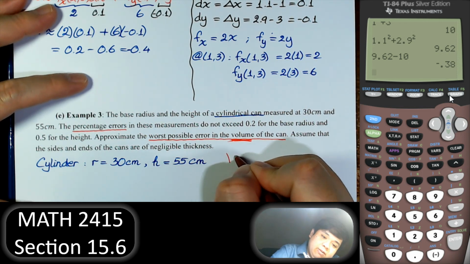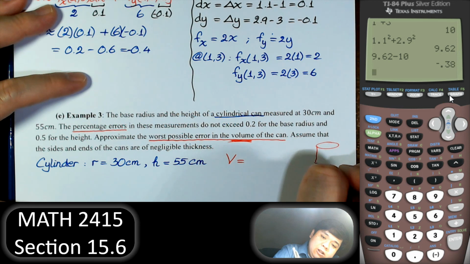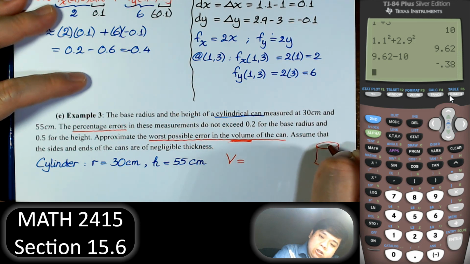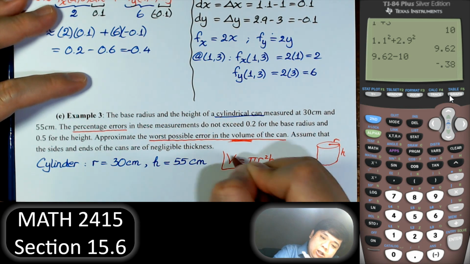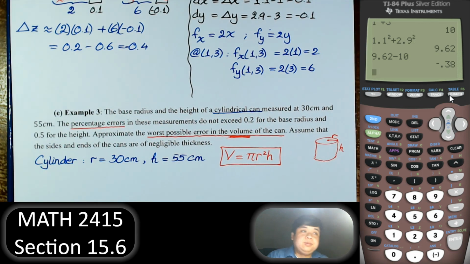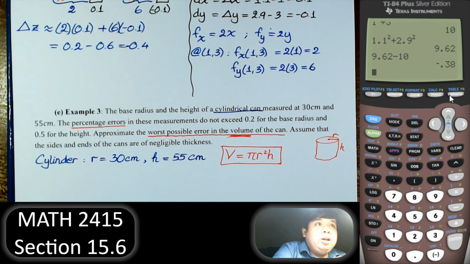So the volume of a cylinder is pi r squared h. So that is the function. Right. So what are the errors? The error is 0.2. So what does that mean? This is the percentage error, 0.2.